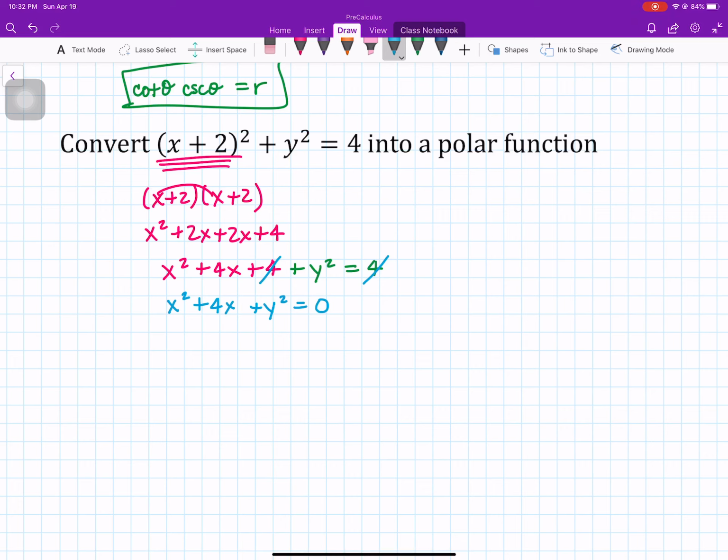Now, we have fewer things to deal with. So when we substitute in our r cosine theta for x and our r sine theta for y, we're going to have fewer things to deal with. But even more so, remember that x squared plus y squared equals r squared.